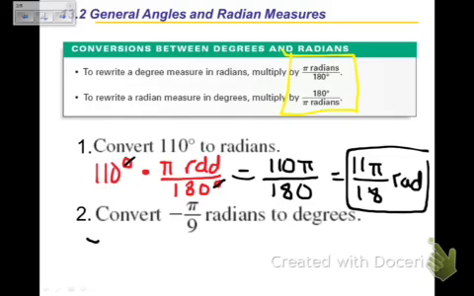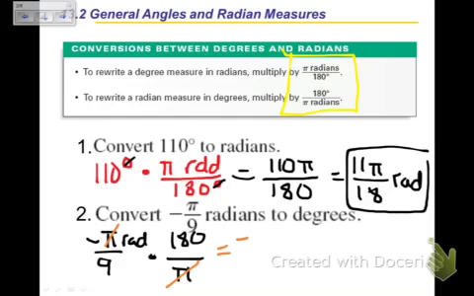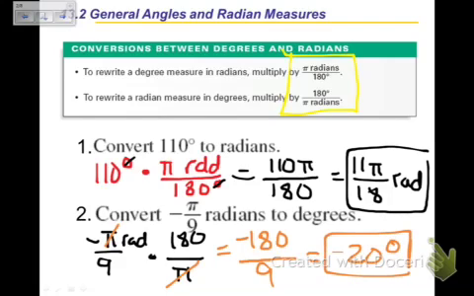Now to go the other way, from radians to degrees, I multiply by 180 over pi, and what happens is the pi's on top and the pi is on bottom, so they automatically cancel out. So what I'm left with here is negative 180 over 9, and negative 180 divided by 9 is negative 20 degrees, so negative 20 degrees is equal to negative pi over 9 radians.